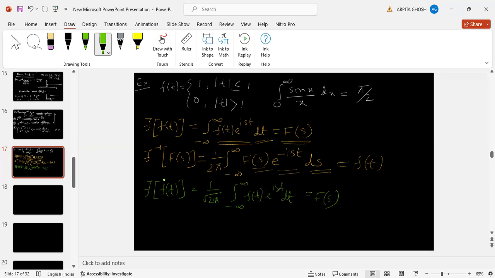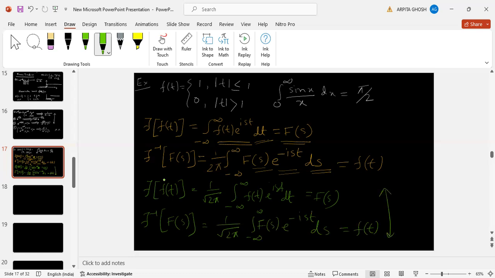Inversion is given by Fourier inversion of capital F of s, that is equal to again 1 by root 2 pi, integral from minus infinity to plus infinity of F(s) e to the power minus ist ds, that is your small f of t. Either we use this set of formula or use that set of formula. In the book, you will find they are using this set of formula. I will also use this set of formula.